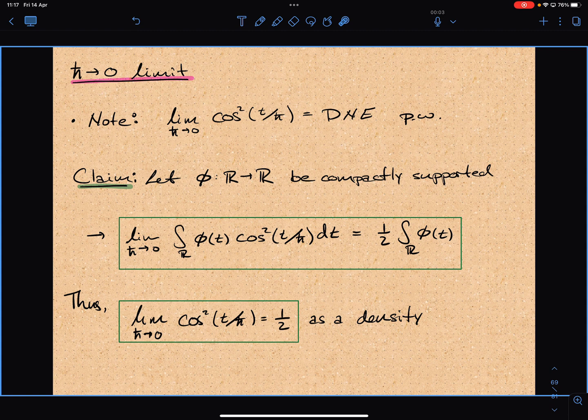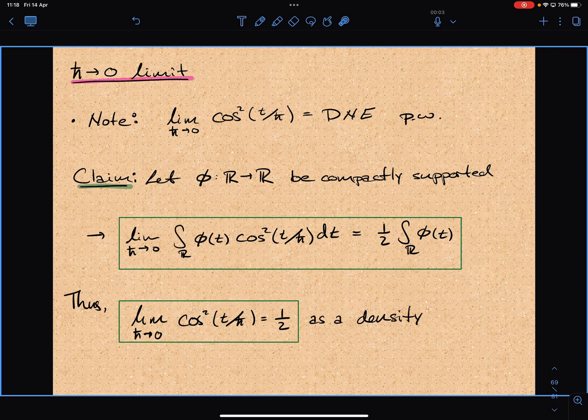But the claim Alberto made was that it's going to go to the average. And the average in this case is going to be 1/2.